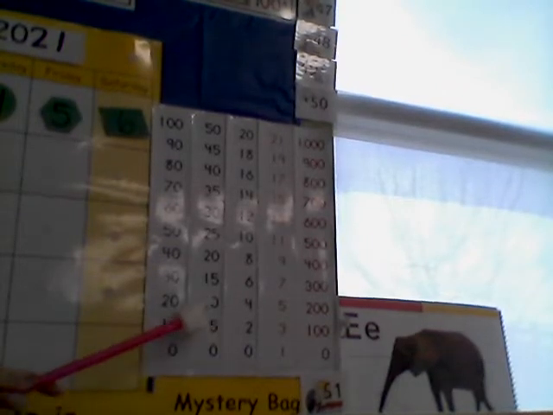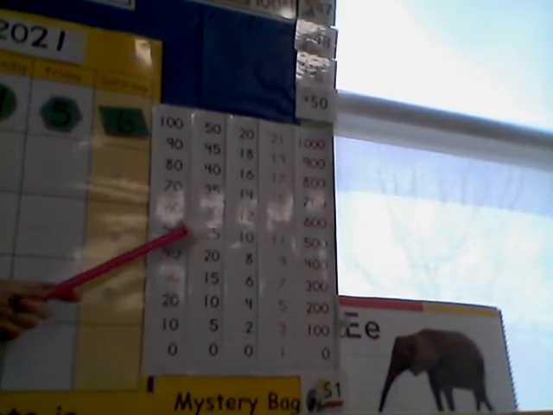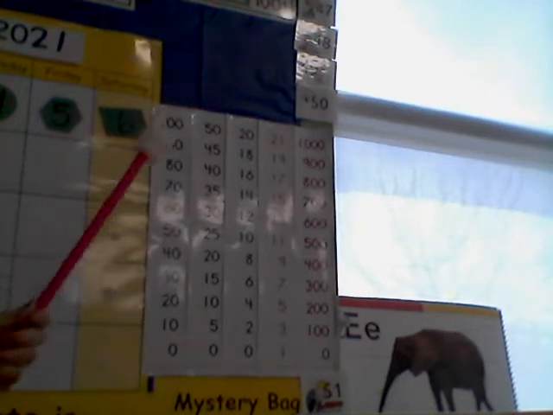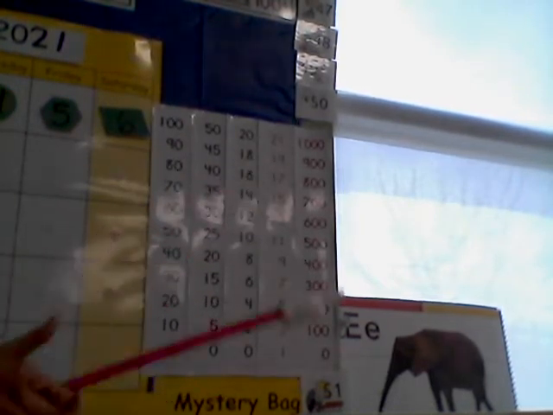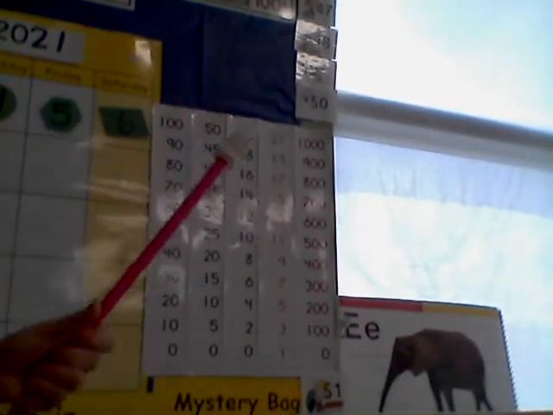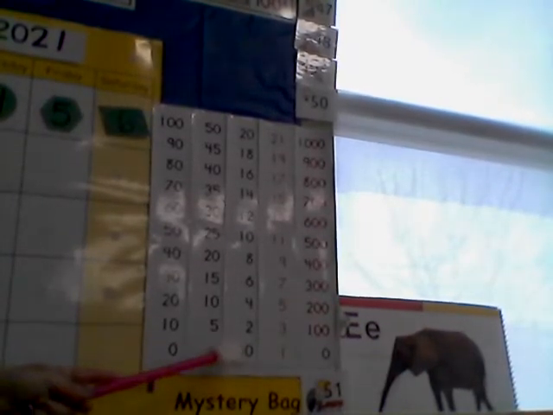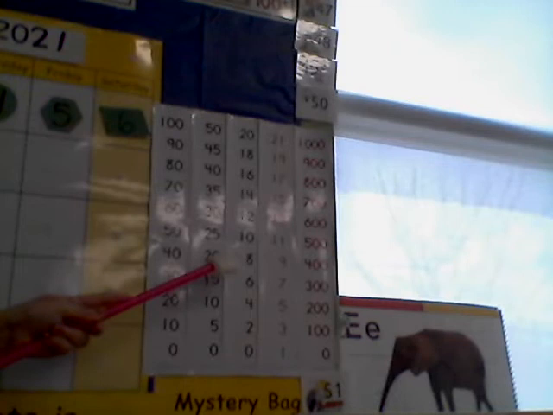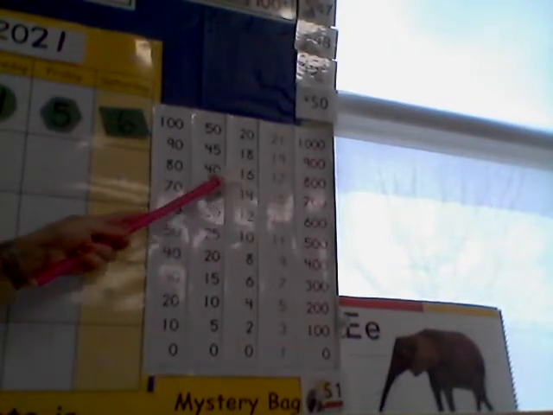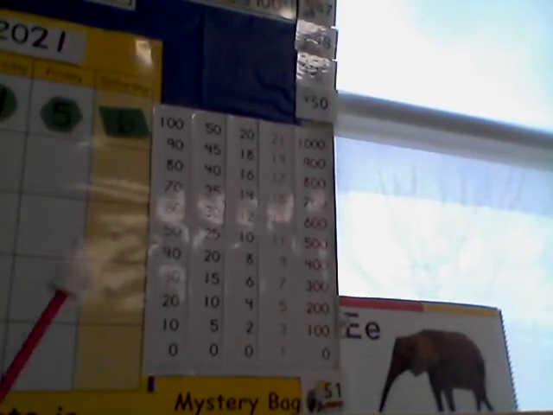0, 5, 10, 15, 20, 25, 30, 35, 40, 45, 50, 55, 60, 65, 70, 75, 80, 85, 90, 95, 100. Perfect. Let's go ahead and count by twos. 0, 2, 4, 6, 8, 10, 12, 14, 16, 18, 20.